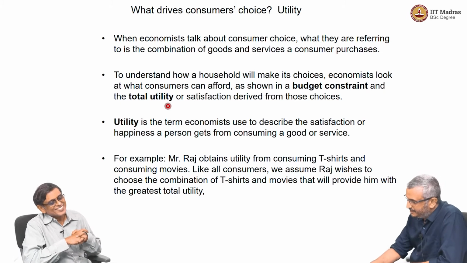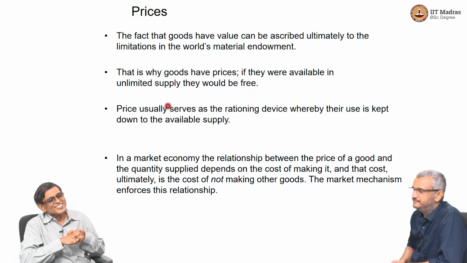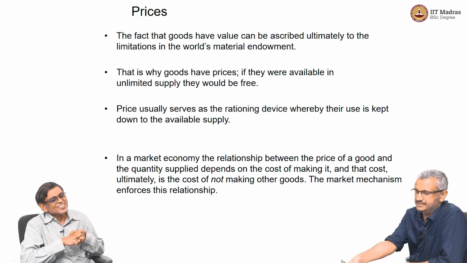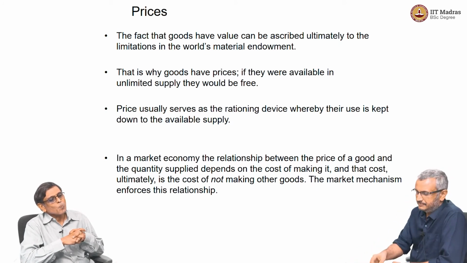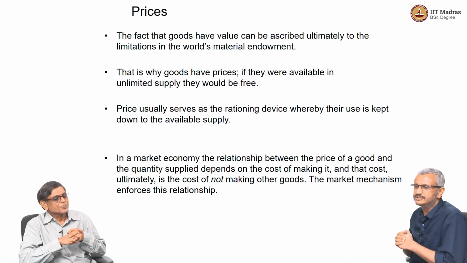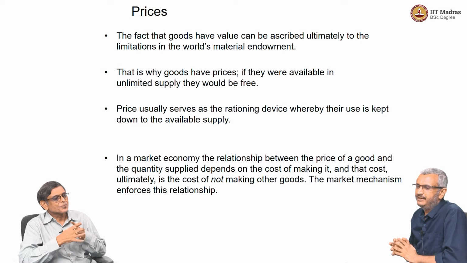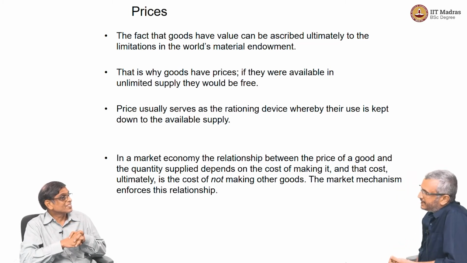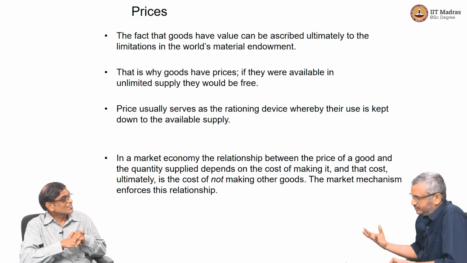Which means that we also need to bring the question of prices into this, because goods have a value. And once goods have a value, ultimately the market will find a price for it. Prices have two roles to play.